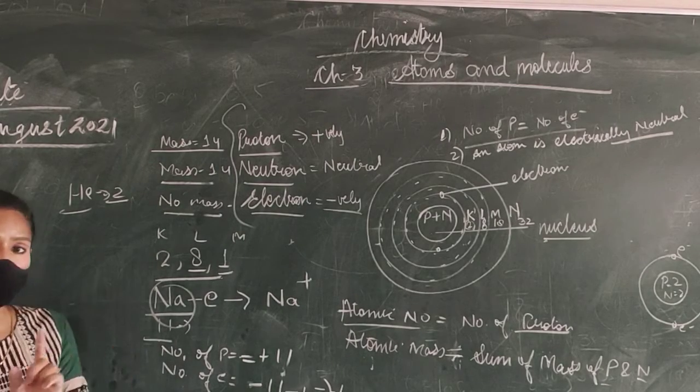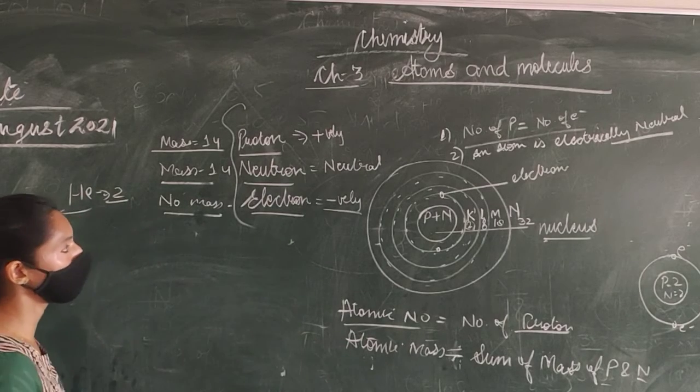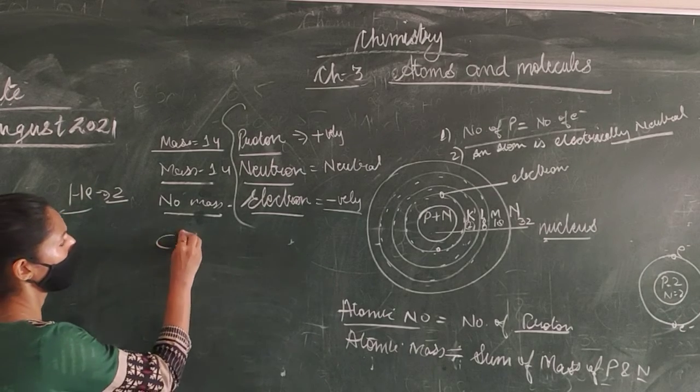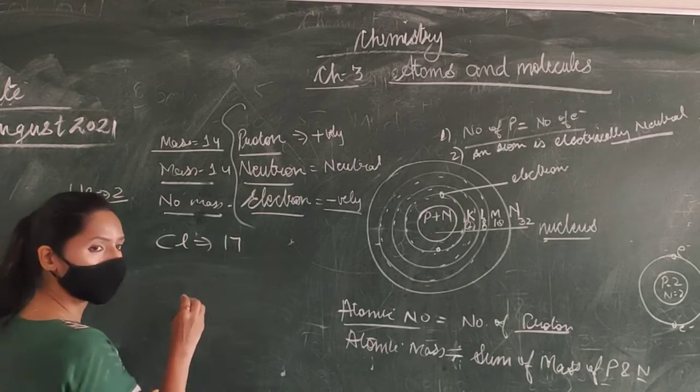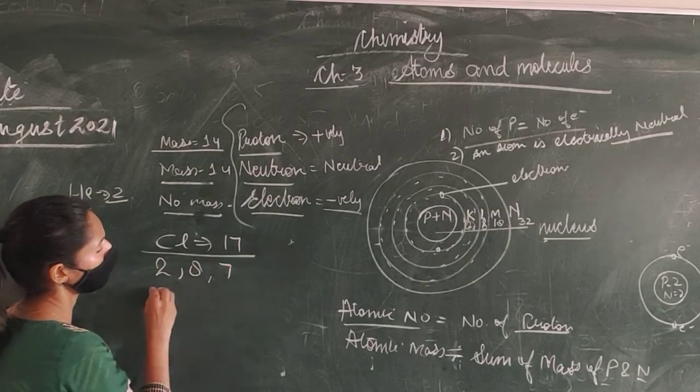If we talk about a non-metal, okay. For example, we take fluorine. Atomic number is 17. Okay. So the configuration will be 2, 8 and 7. Okay.